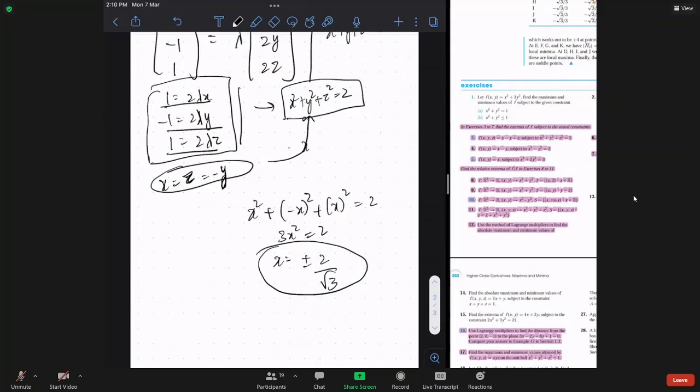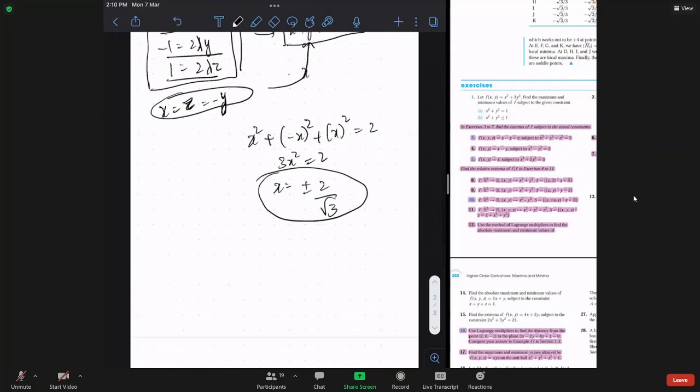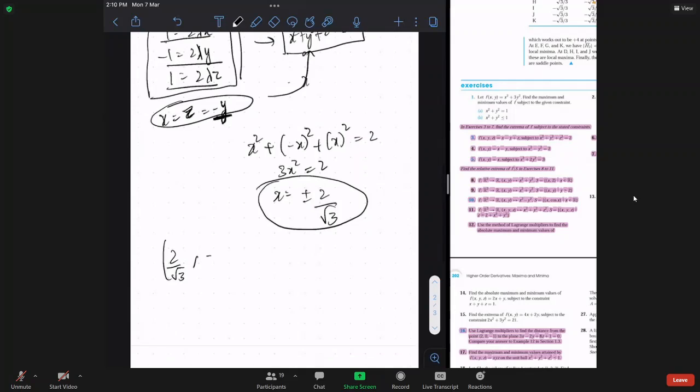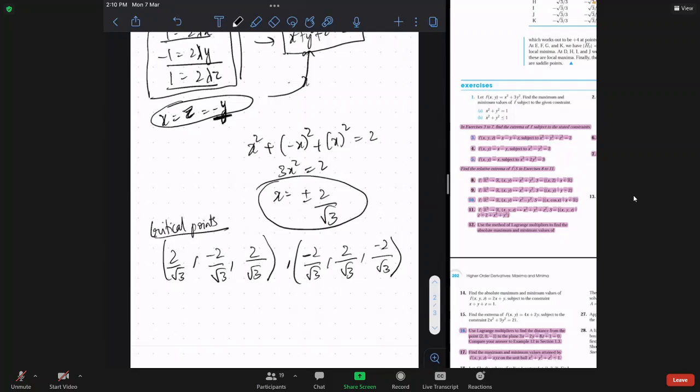For the value x equal to plus 2 by root 3, my y is minus x, so it's minus 2 by root 3, and my z is just x. So this is one critical point. The other one is if I take the negative variant of this. So these are my two critical points.